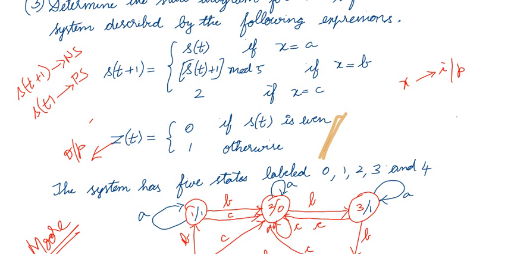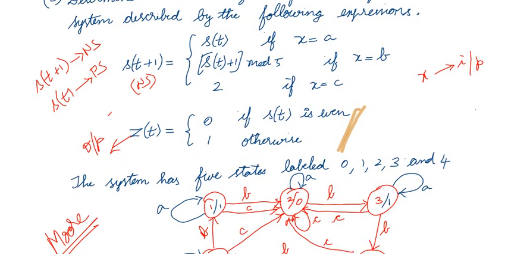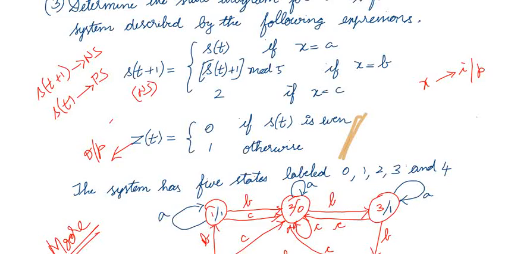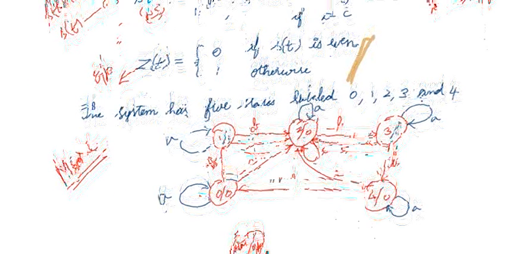When the input is C, whatever the state may be, the next state is 2. S of t plus 1 is the next state, and based on that we have filled this. So this is the state diagram for the given question. I hope this lecture was very useful to you. Have a happy learning. Thanks for listening.